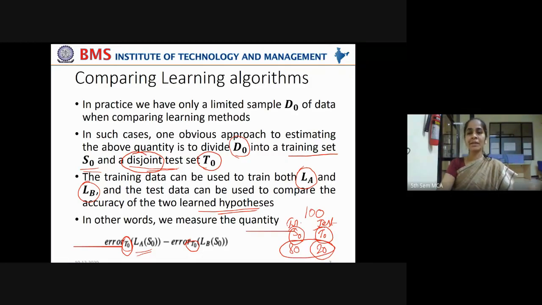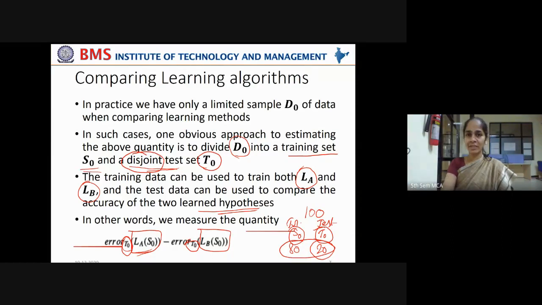I'm repeating again. S naught is the training set and the two algorithms LA and LB are trained on this training set S naught. Now you want to validate, you want to see what is the test set accuracy or what is the test set error. Both are complementary, right? I can call it test set accuracy, or the other way I can also calculate test set error. If I know the test set accuracy is 95%, then obviously the test set error is 5%.